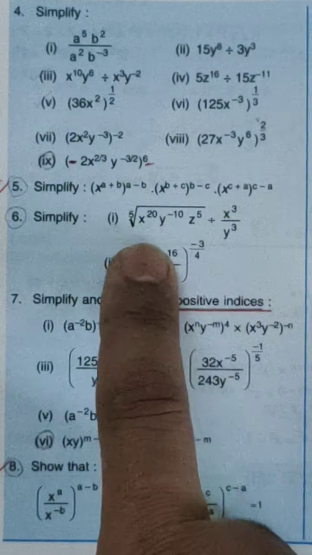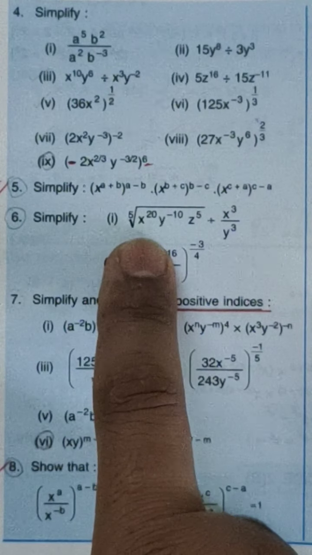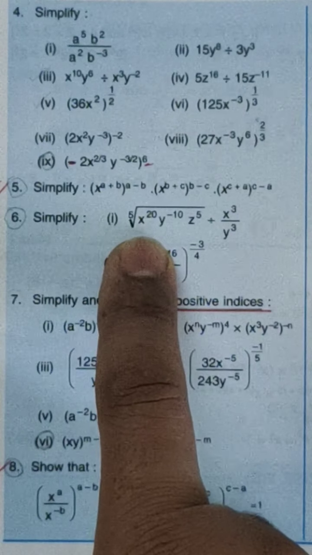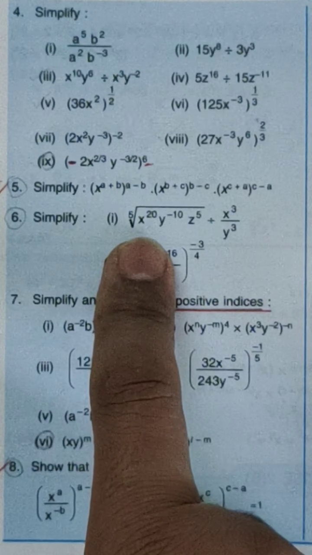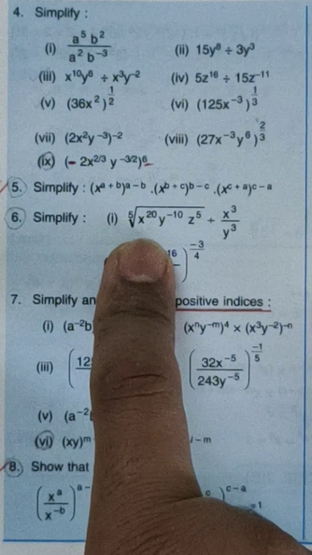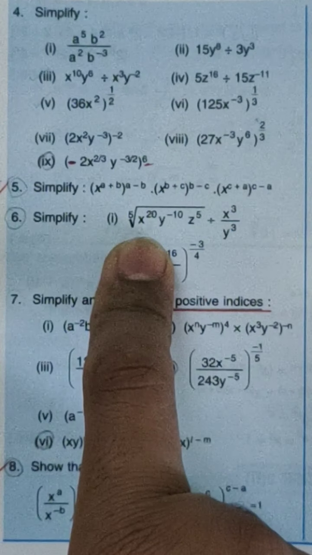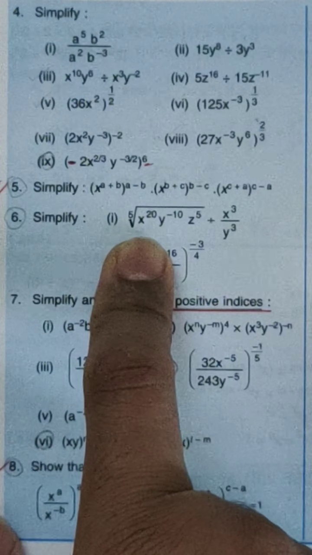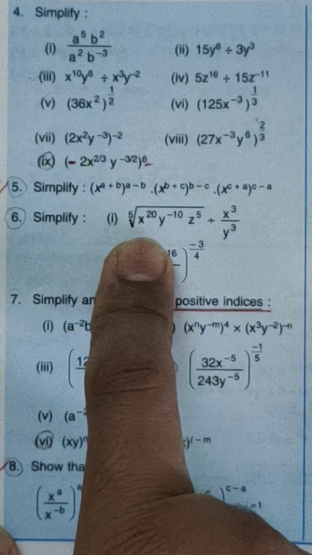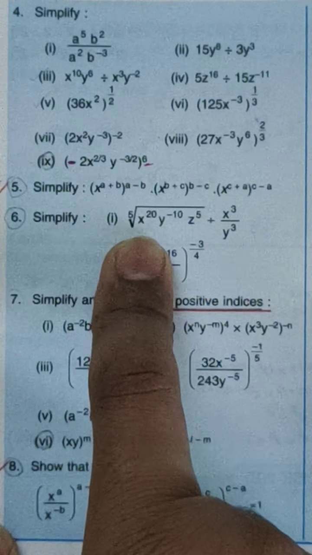In this, let us remove this root sign. We know that the nth root of a is equal to a to the power of 1 by n. That means whatever the root is can be converted into the exponent, taking the power as the reciprocal of the root.